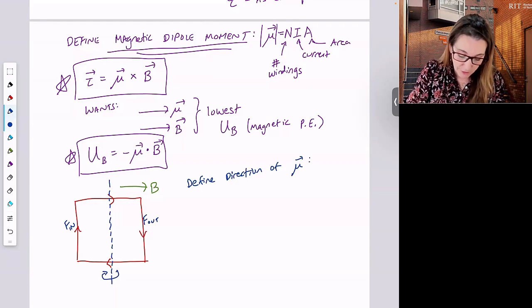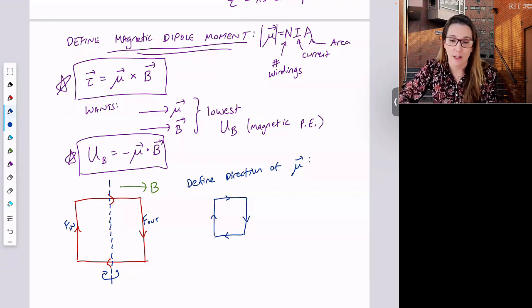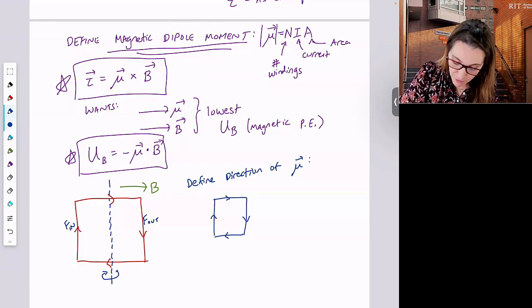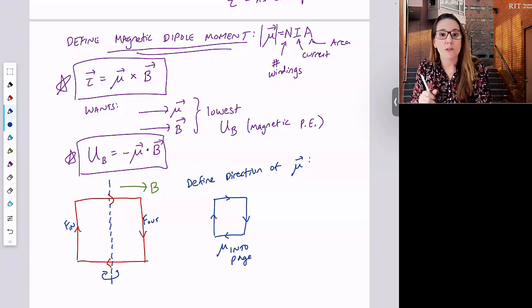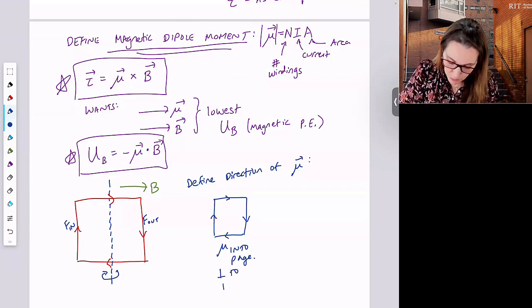If I have this loop with a clockwise direction, like that, then mu is going to be into the page. So it's always going to be perpendicular to the plane of the loop.